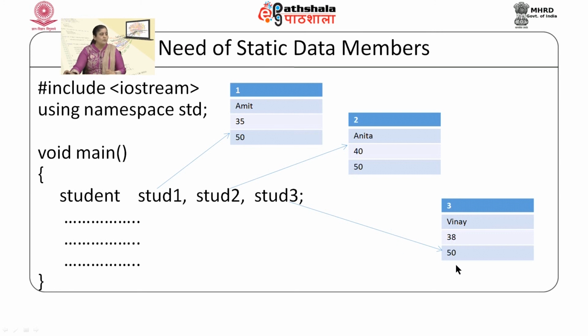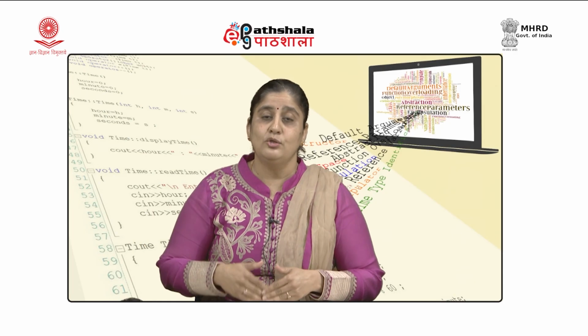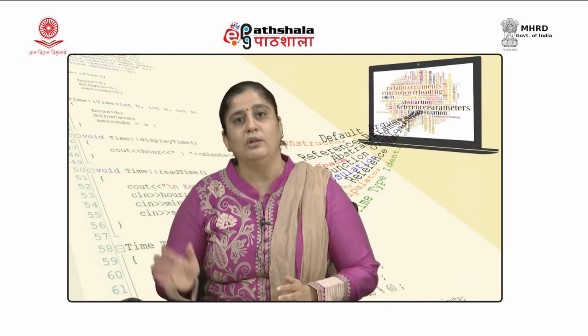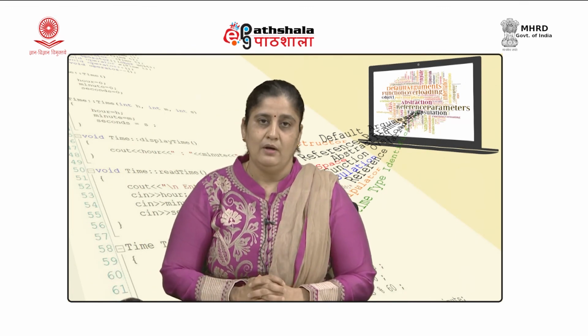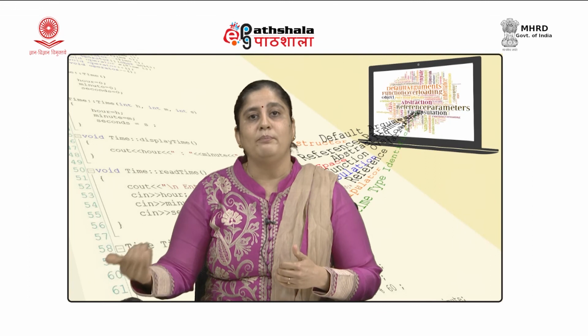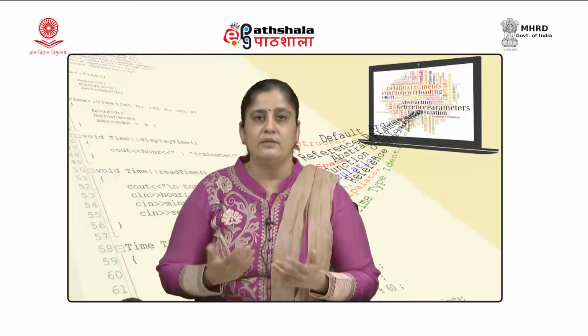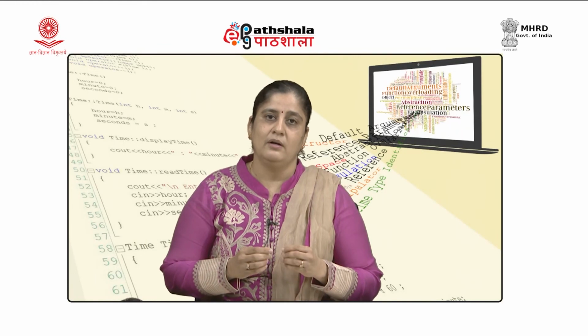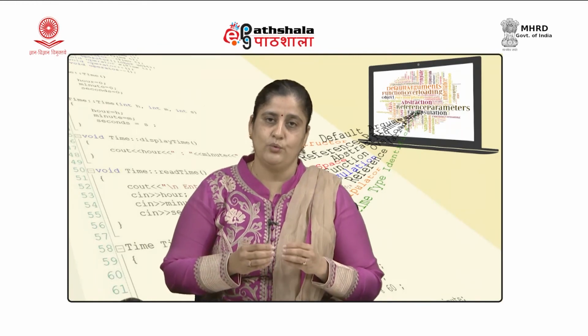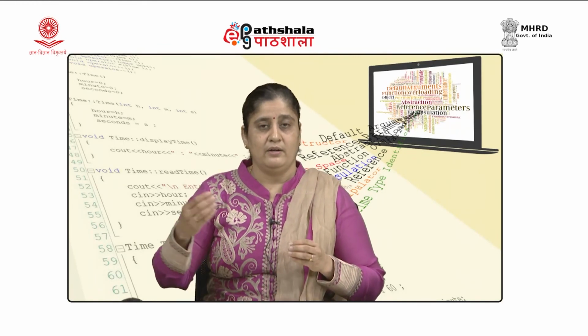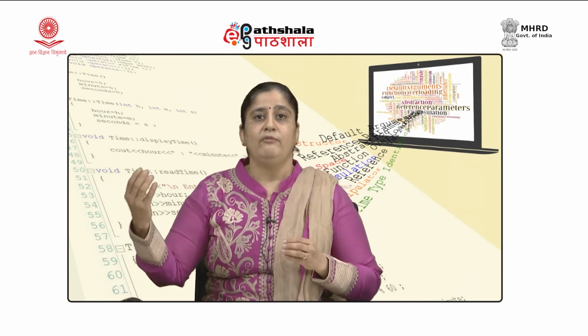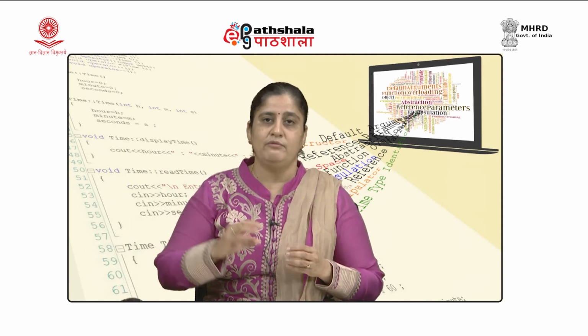So, what are we doing? We are creating a separate copy of maximum marks, though it is common for all the students. Now, what is the problem in having multiple copies of this value which is common for all? One, that we unnecessarily are occupying memory for storing this data for 3, 10, 50, 200, as many objects as we create of student class.